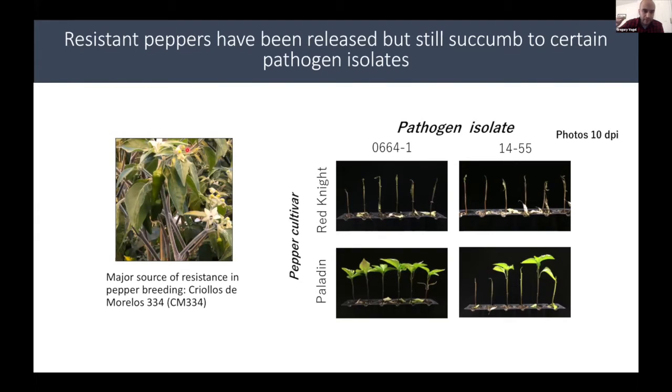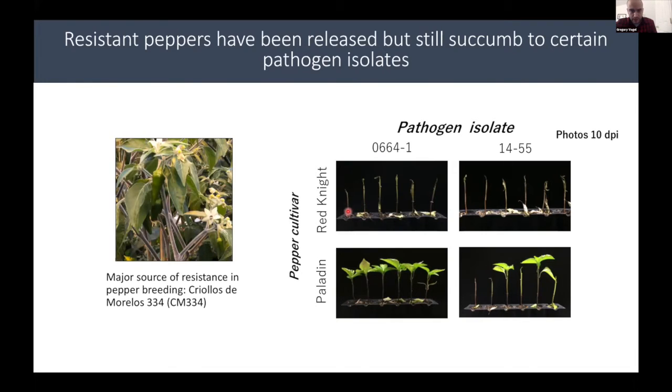However, while these resistant varieties generally perform well, it really can depend on what isolate of the pathogen they're infected with. So if you look on the right, I'm showing both the susceptible pepper variety, Red Knight, a bell pepper, and on the bottom, I'm showing the resistant bell pepper, Paladin.